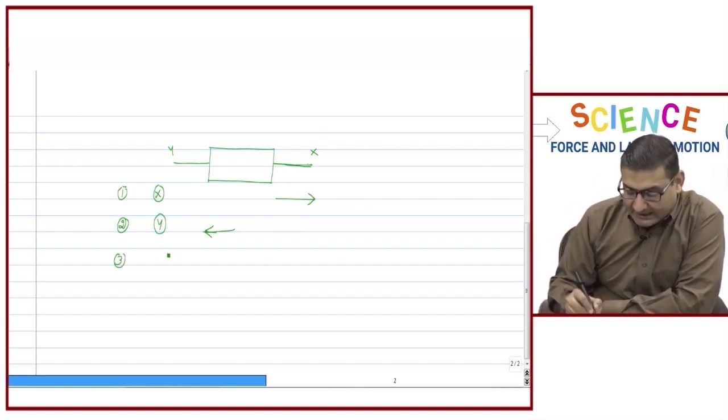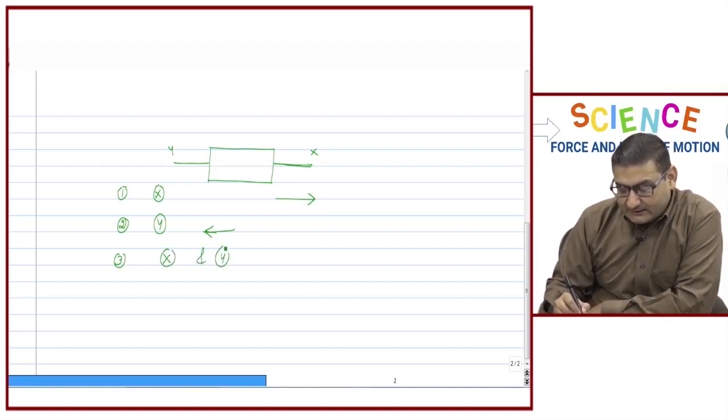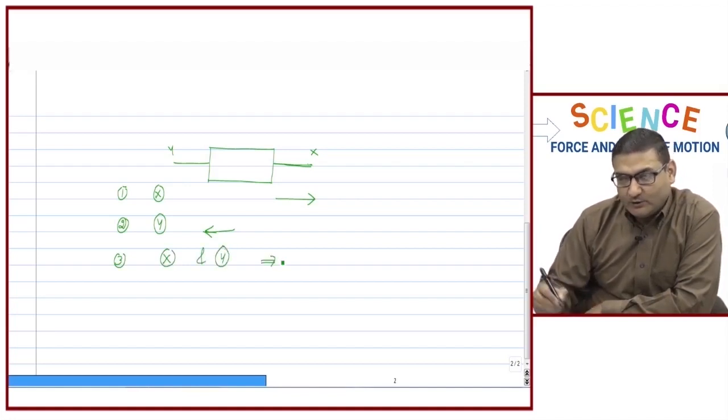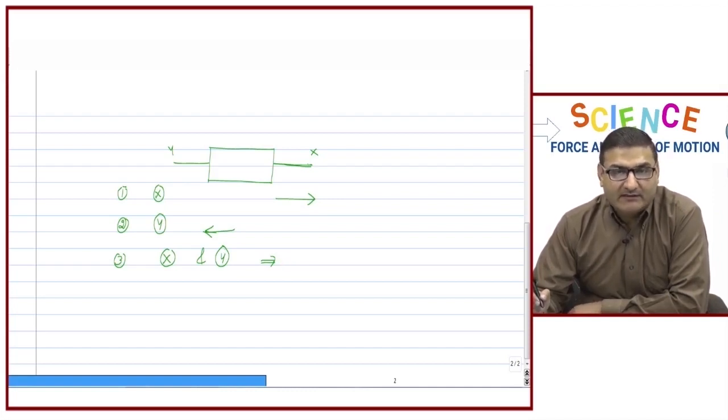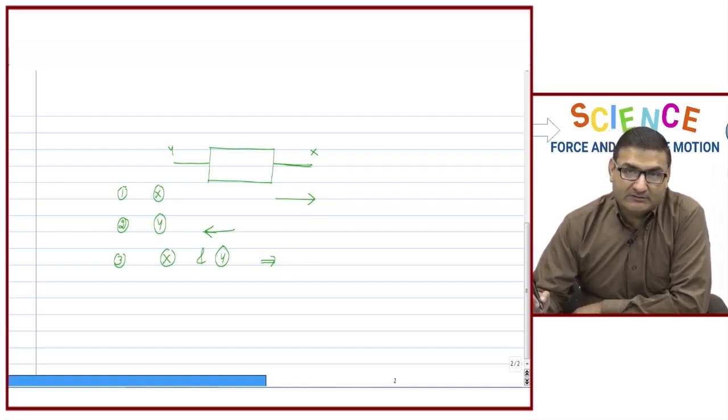But if I pull X and Y at the same time with an equal amount of force, then we see that the wooden block stays where it actually was.